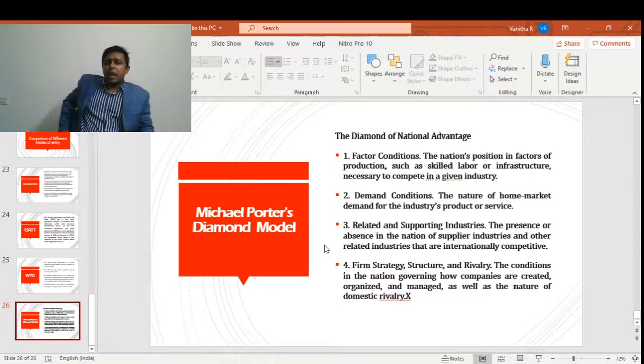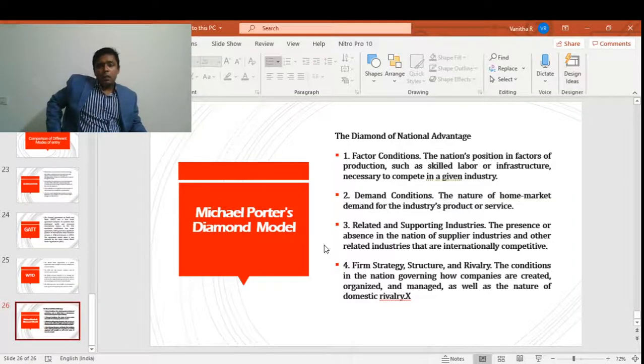Yeah, then the demand conditions. This is the second determinant that Michael Porter tells you. You should have this factor in your company or organization. The nature of home market demand for the industry's product or services.